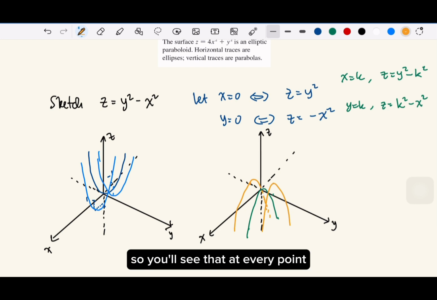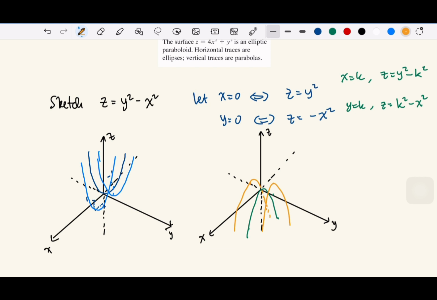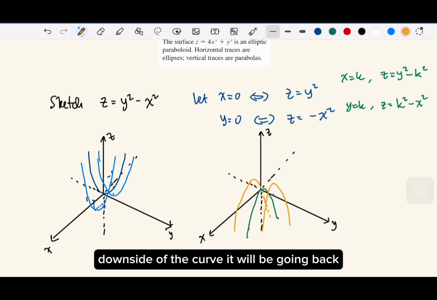So you'll see that at every point, for example, on this x-axis, if we add maybe 2, it will be lower. Okay. And also you cannot ignore the points in between. So you can imagine that this is going to be the downside of the curve.